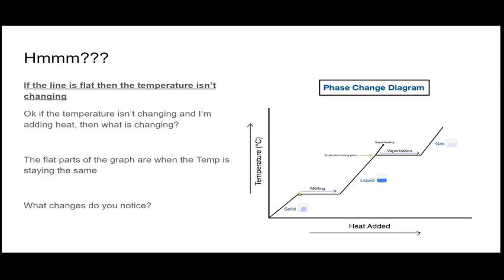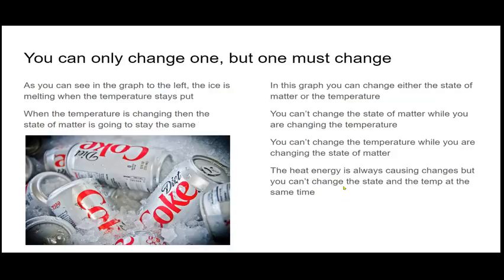My Diet Coke is not going to heat up until all of the ice has melted. So that's why we have ice. We're taking all of the heat until this ice is melted. And then at that point, sure, your soda is going to skyrocket. We're going to see this big change in temperature as soon as we've completed a state of matter.